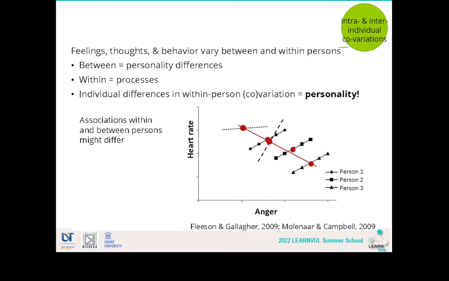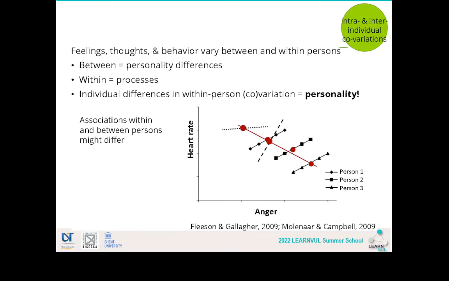So within a person, you have a relation where the heartbeat is high, but depending on your level of heart rate in general, the mean, the relation will be different. So depending on your baseline, the relation between anger and heart rate can be different.